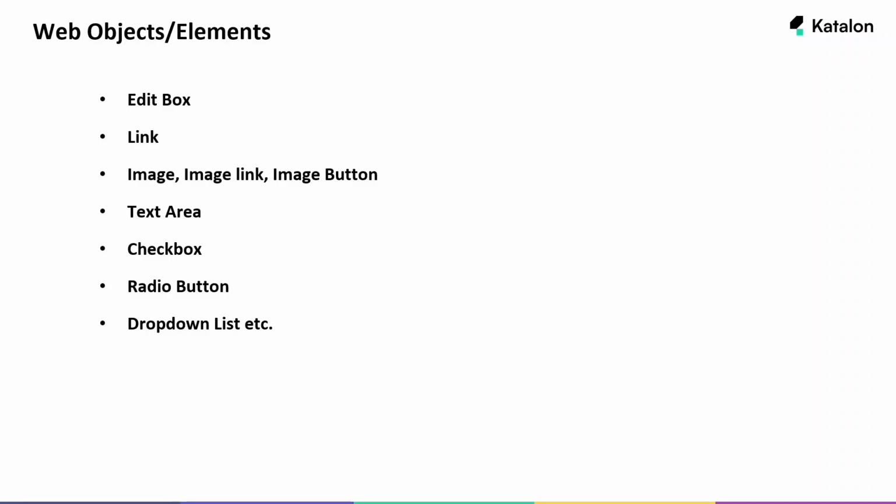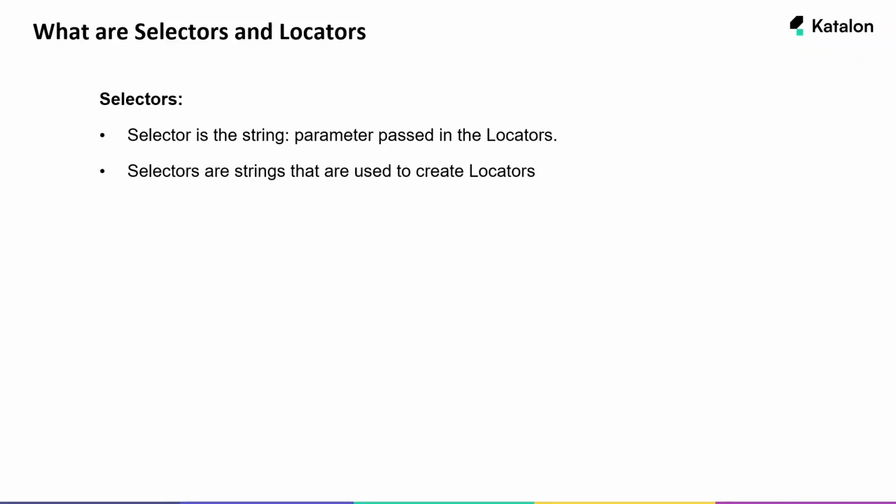To identify all these objects and elements, we need selectors and locators. So now let us understand what are selectors and locators. First, what is a selector? A selector is the string parameter passed in the locators, and selectors are strings that are used to create locators.